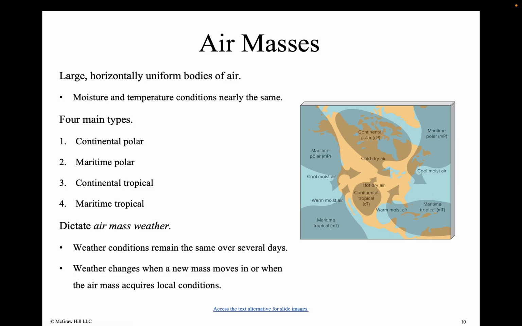Those air masses look like the land or the ocean beneath them. So this air mass here will have features and characteristics similar to the land that sits beneath it.